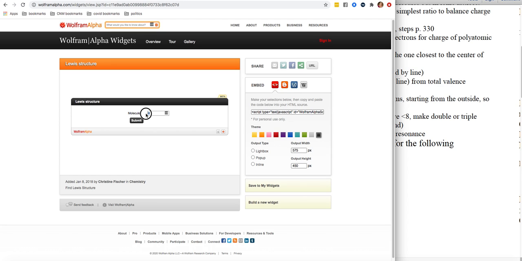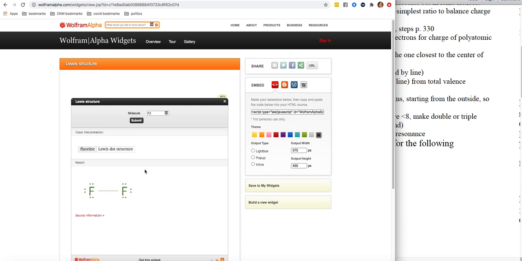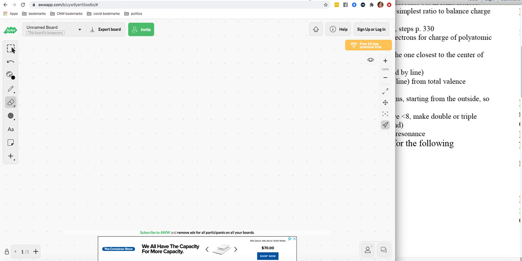And so just right here where it says molecule, if we typed in F2, and you have to use capital and lowercase letters correctly in that box there so it knows what molecule you're talking about, and submit. And look, it's just like what we had. The 2 F's connected with a single bond, and then 3 pairs of electrons around each fluorine.